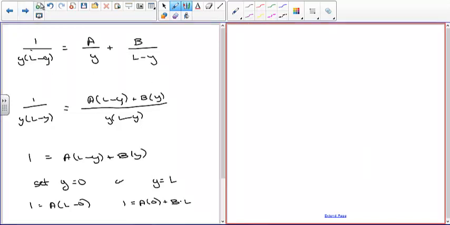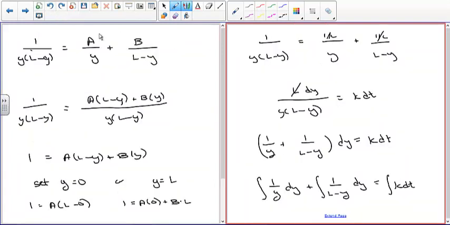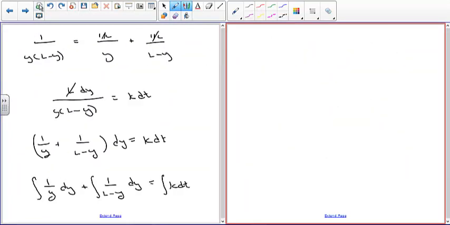So the integral of the first term is just the natural log of the absolute value of y. The second term is negative the natural log of the absolute value of L minus y. And the reason for that is the negative sign here in the denominator.